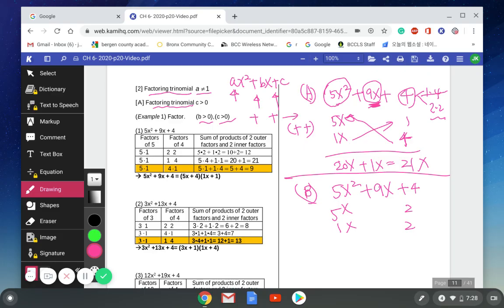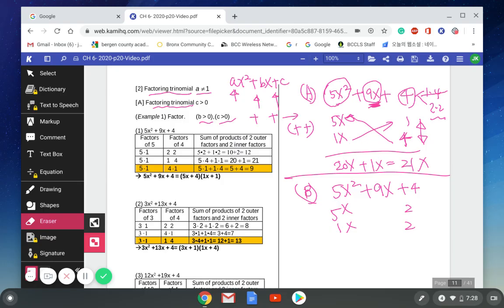By the way, before we try this, I forgot that the arrangement can be switched as well. So instead of 5x with a 2 and 2, before you do that, you should have tried 4 and 1 instead of 1 and 4.